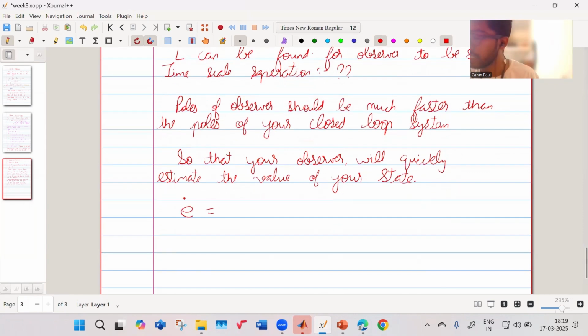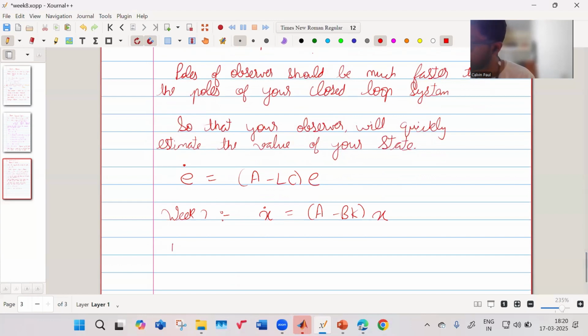So that means this is E dot is A minus LC into E. Now, if you will remember in week 7, we had considered x dot is equal to A minus BK into X. So we had to design K to place the closed loop poles of the system.